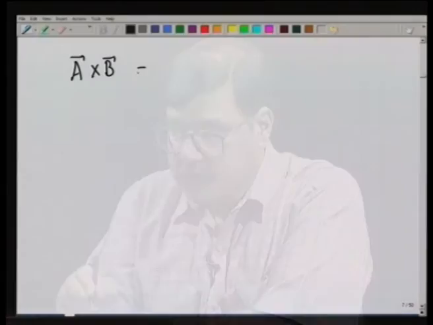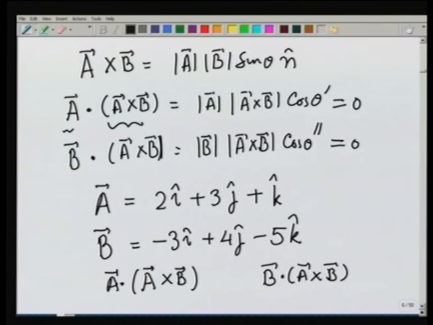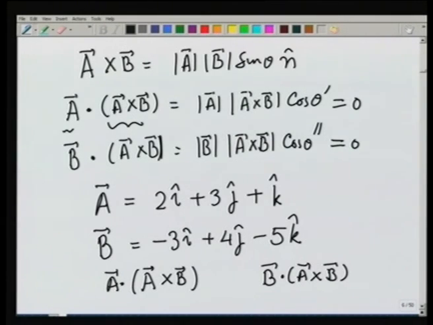So, let us do that. So, A cross B is going to be equal to the determinant with i j k, then the vectors: 2 3 1 and minus 3 4 and minus 5.